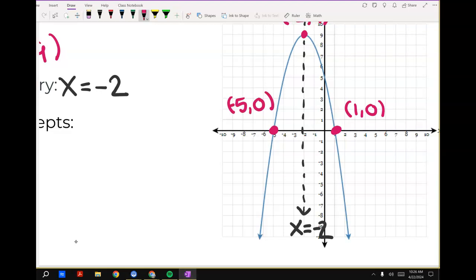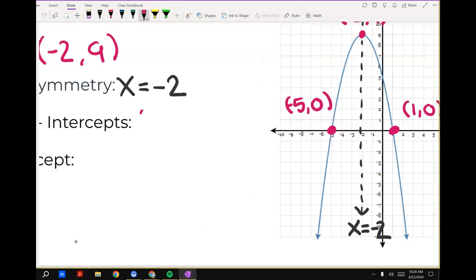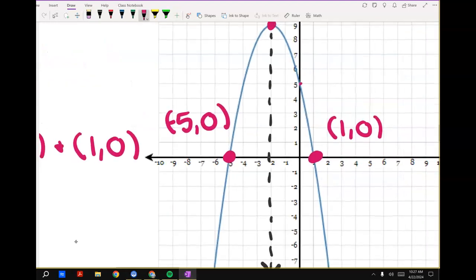So we have (-5, 0) and (1, 0). Now our y-intercept in this case will be on the positive side of our graph. So up here at (0, 5). Staying in the middle, we just go up 5.